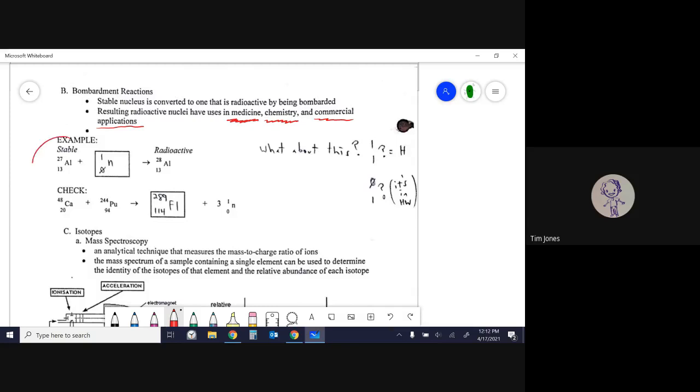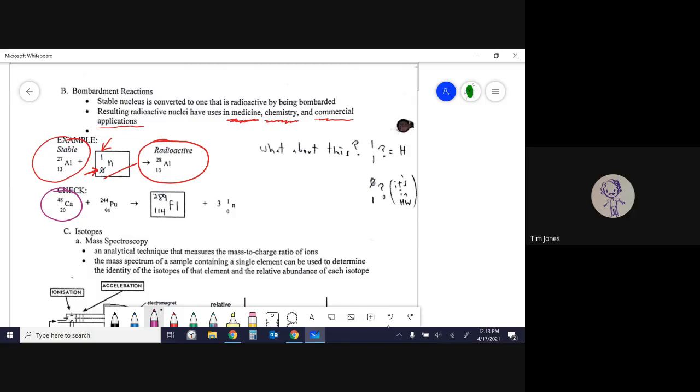Here I take a stable aluminum and hit it with a neutron. Notice the neutron has a mass of 1, but an atomic number of 0 because it has no protons. In this case, we make a new isotope of aluminum, which is radioactive, which could be useful for a variety of things. Next one, calcium-48.